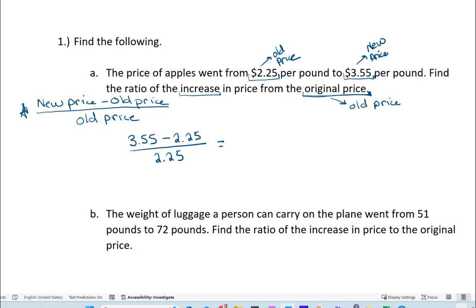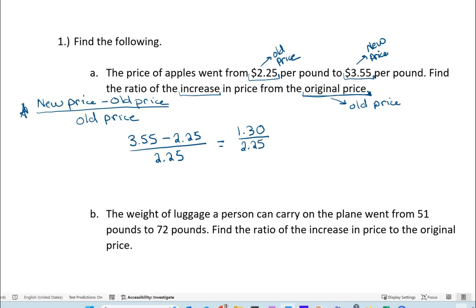So I need to subtract the top, which is $3.55 minus $2.25. Now, if you ran that in your calculator, like I ran it in mine, I got 1.3. But again, remember, money always needs to be rounded to the hundredths, so I need to include that zero there.